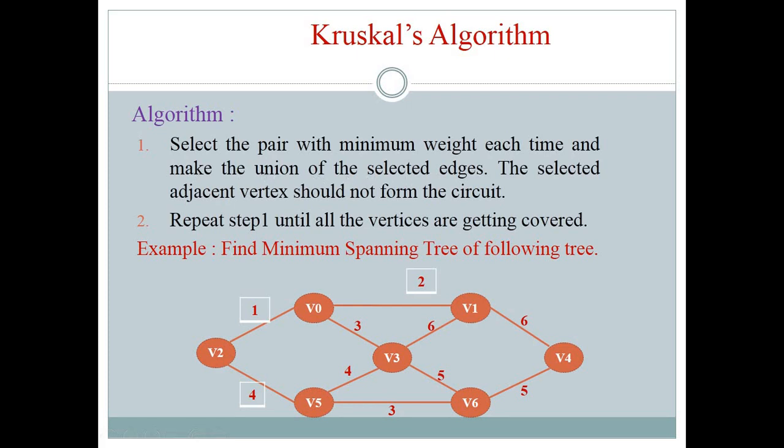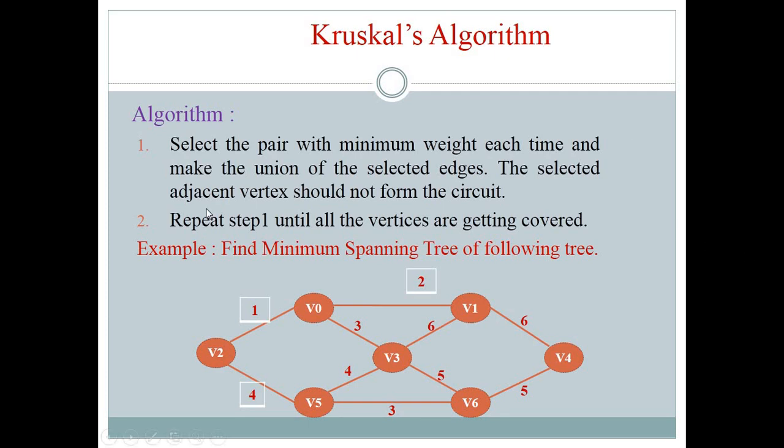We will have to select pair with the minimum weight each time and make the union of selected edges, whereas in Prim's algorithm we were selecting the minimum weight edge first time and after we were selecting the adjacent vertices of that weight. Okay, so now we will select each and every time different vertices with the minimum weight, and after it we will do union of that selected edges.